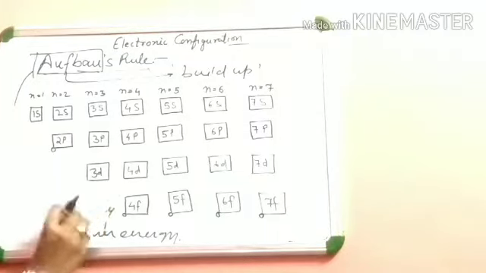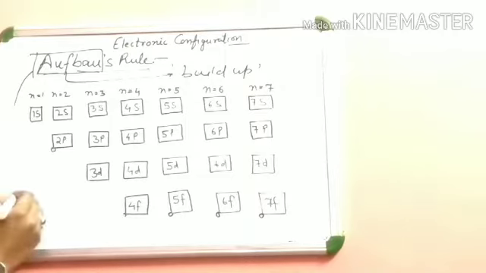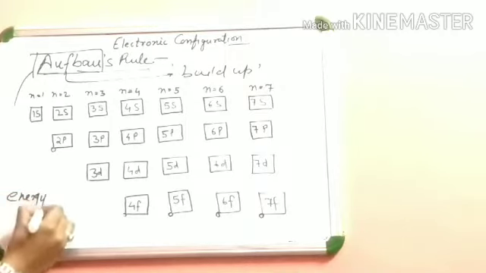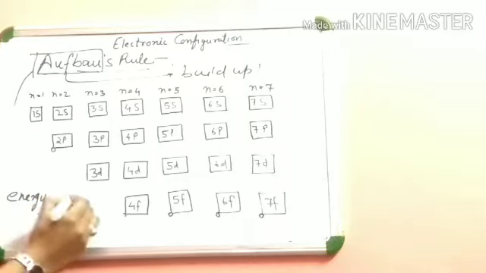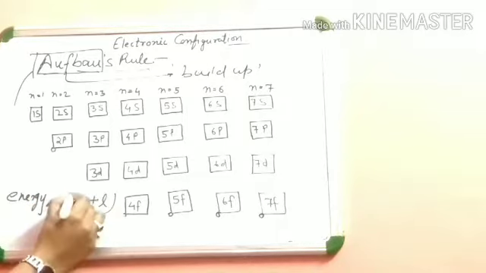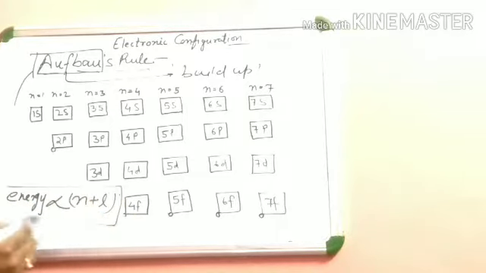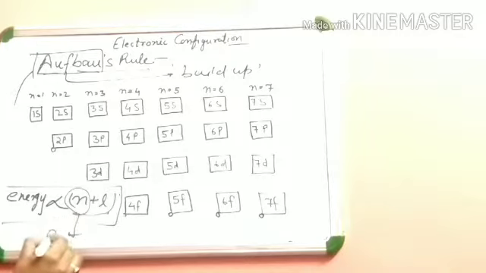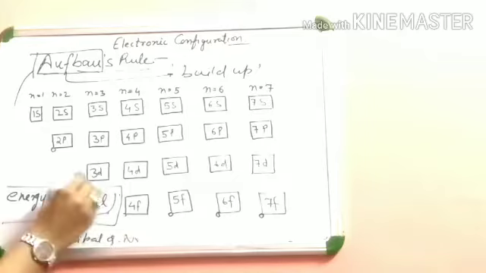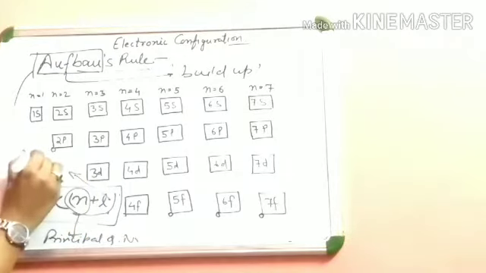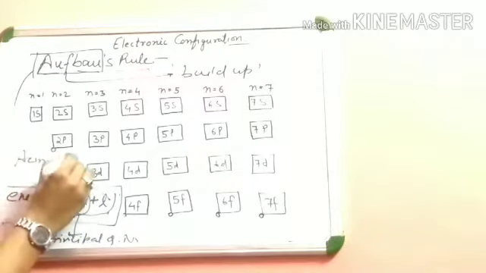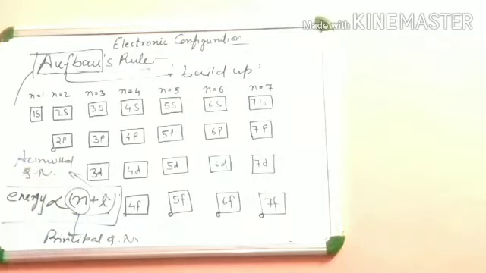According to this rule, energy is directly proportional to N plus L, where N is the principal quantum number and L is the azimuthal quantum number, as we have discussed in earlier lectures.